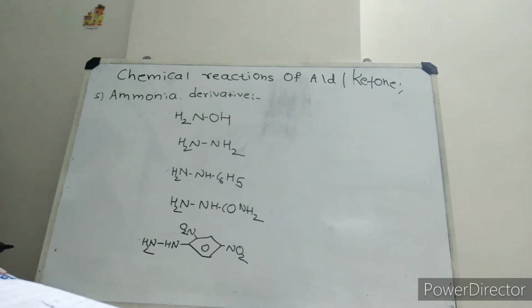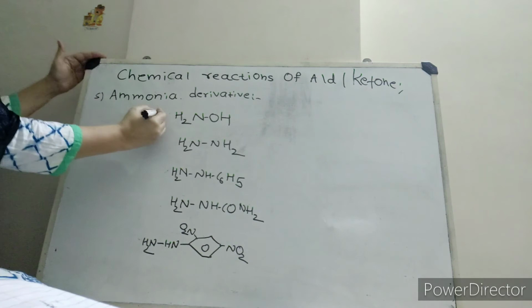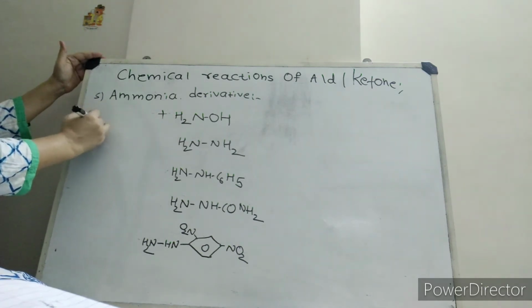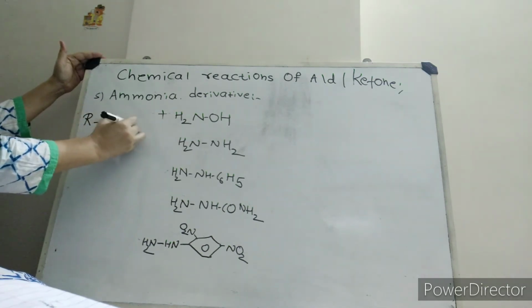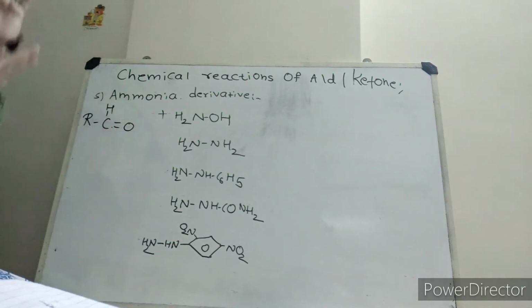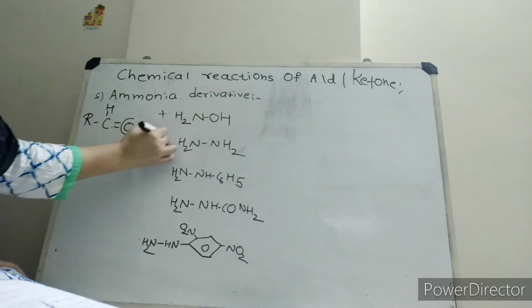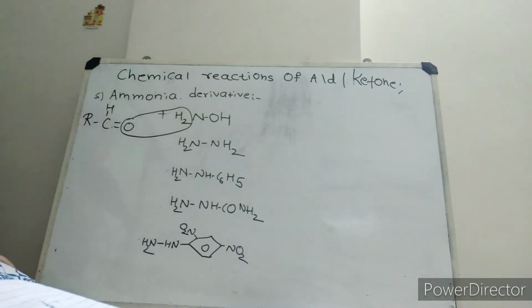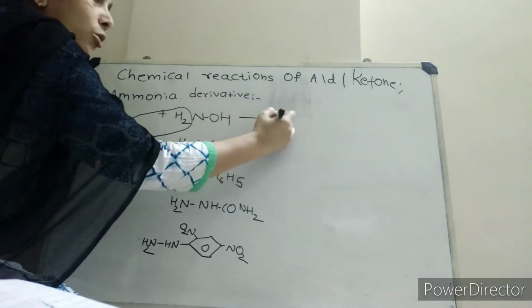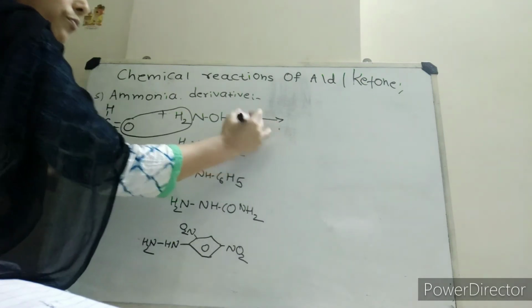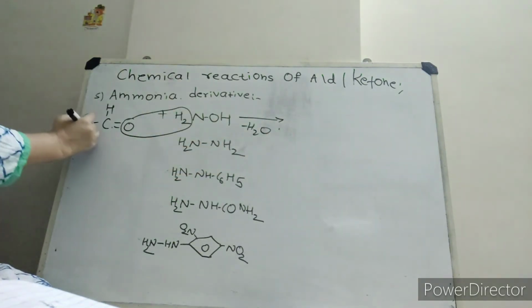Then how does the addition take place, just see this. Aldehyde, RCONH, I am writing just the general reaction. Suppose we write the aldehyde or the ketone, then this oxygen combines with this hydrogen to form a water molecule that is given out, and what is left?